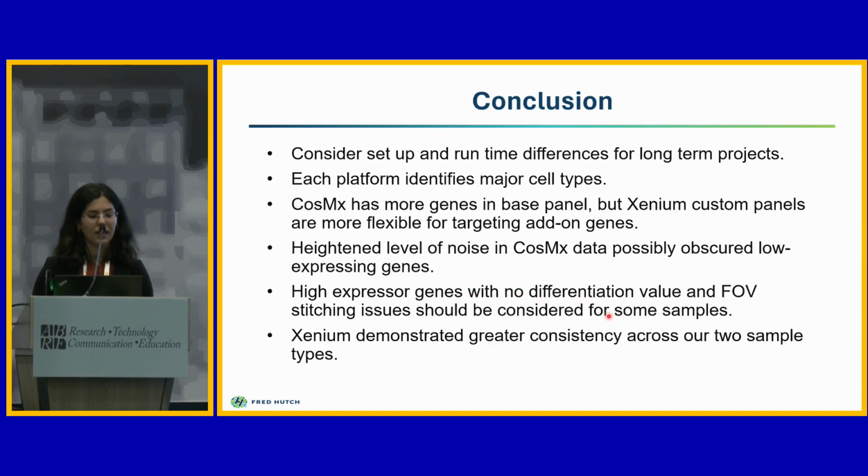That's not ideal, and also the FOV stitching was a real issue for us because we don't want to lose the data on the borders. And finally, because we looked at the 2 kidney data, we saw that the Xenium was doing good in both of them, but Cosmics failed almost in one of them, so we believe that the Xenium was offering a better and robust data for our case.